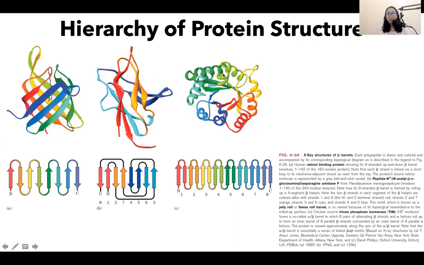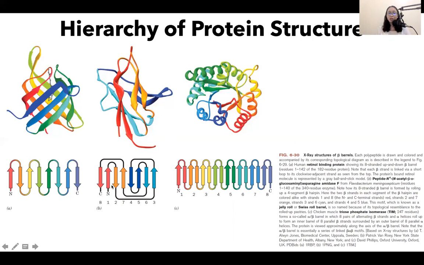Again, we see another combination of the alpha helix and beta strand. So this one, it's completely alternating. Beta strand, alpha, beta strand, alpha, beta strand, alpha, and so on. And we see that the protein has this globular shape, and you have some space in the middle of the sphere of your protein.